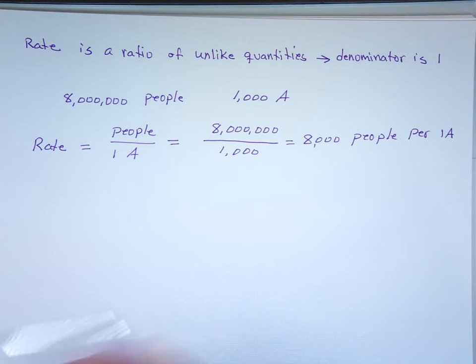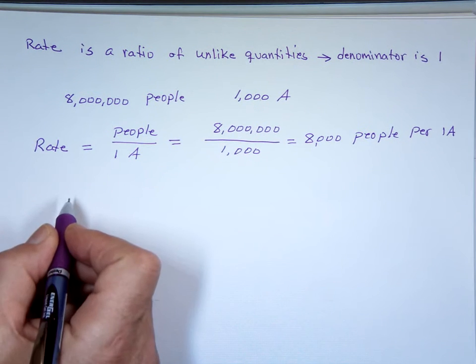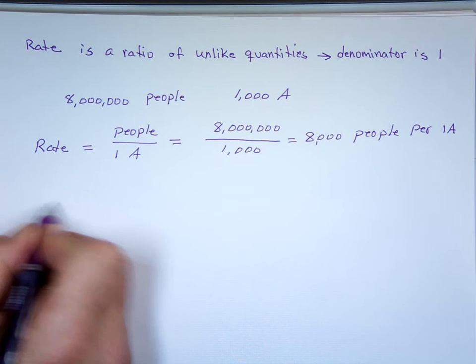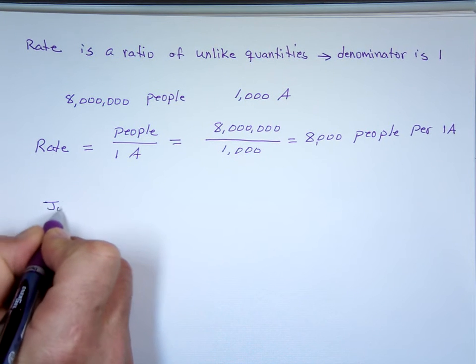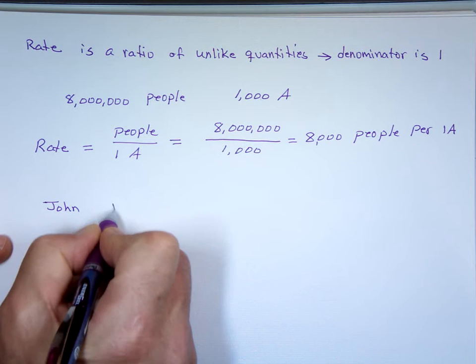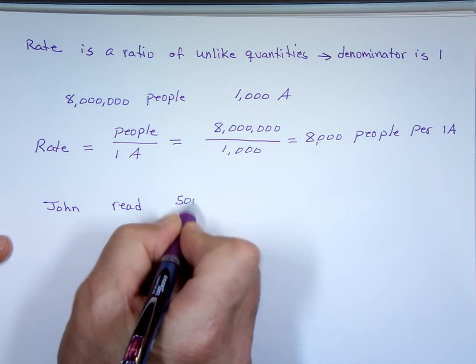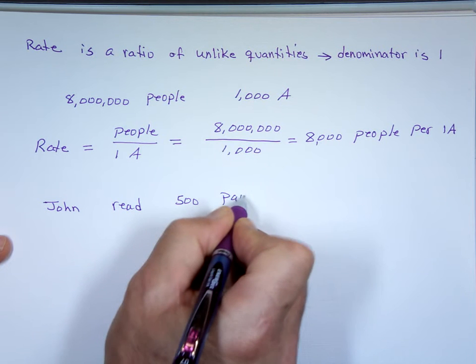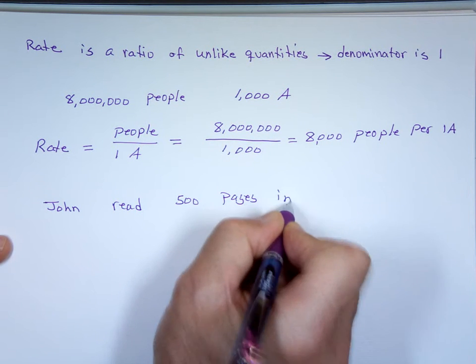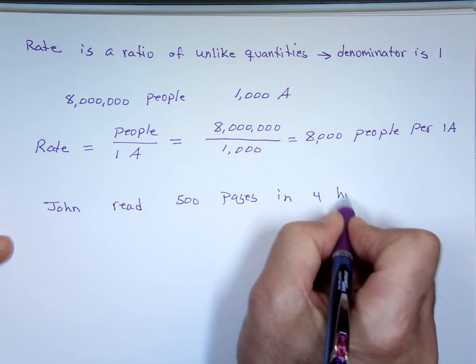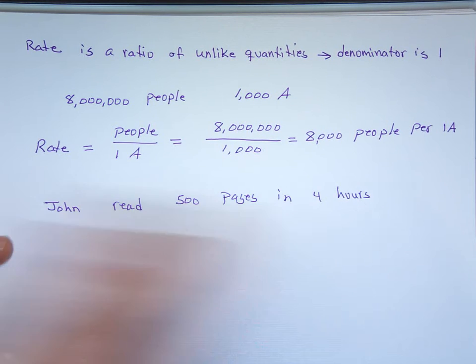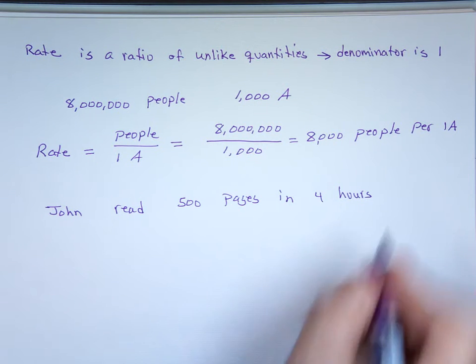Or we might say, you know what, John can read 500 pages. We saw John read before in 4 hours. Speed reading. What is his rate?